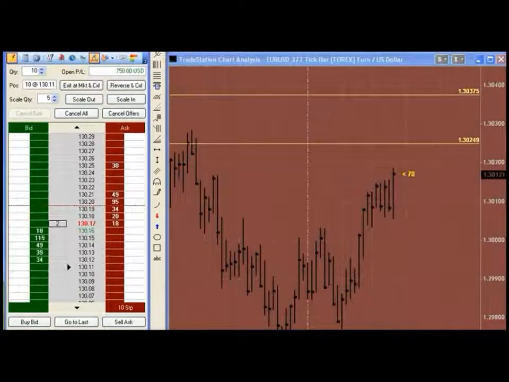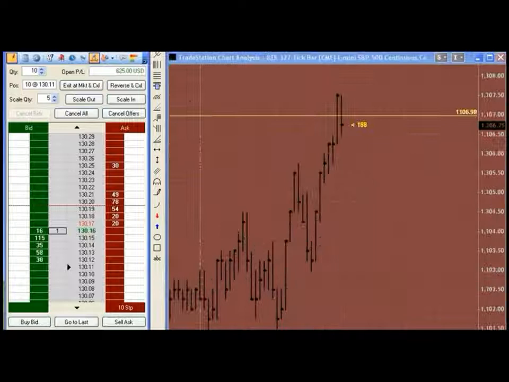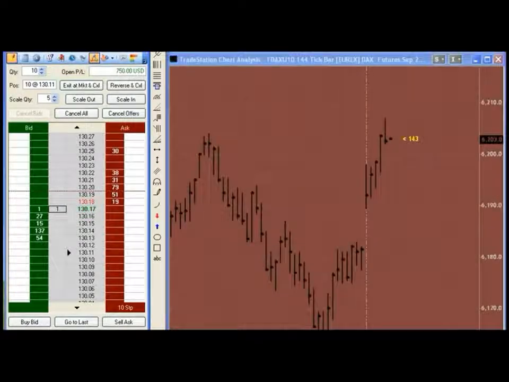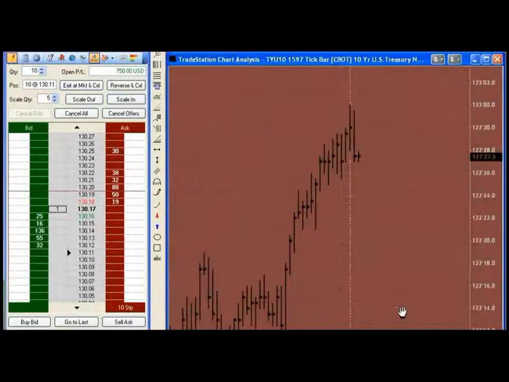The other thing is, if I was here looking for a trade and the euro wasn't suitable, the ES could be suitable for me. And if the ES was not set up for a trade, I could trade a DAX. If the DAX wasn't suitable for me, I could work with a 10-year note.